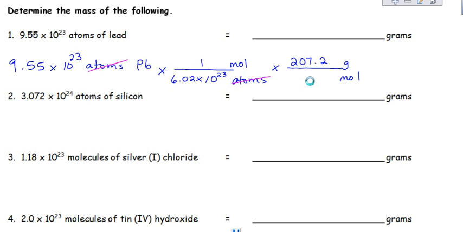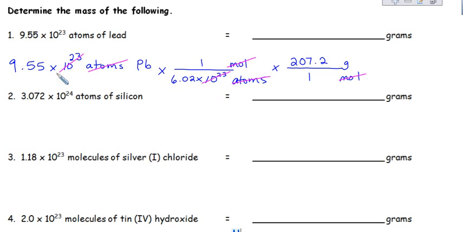Well, my units should all cancel. There we go. Moles and moles. You are out. I'm going to multiply across the top, divide on the bottom, and I could even take a little extra shortcut here. These are both 10 to the 23rd, so we could cancel those just to make it a little easier to put in our calculator.